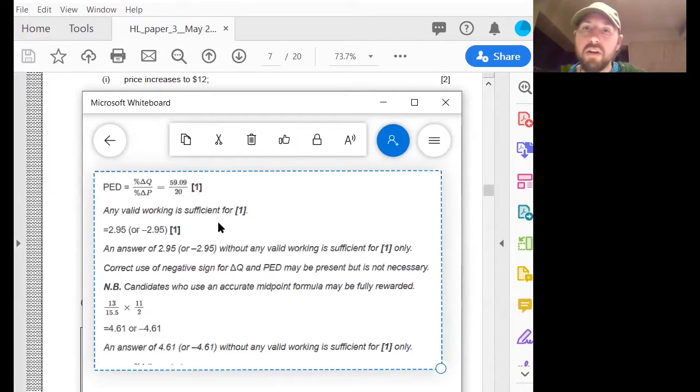Any valid work, you get a point for it, and you get a point for getting the equation. Notice it's going to be elastic. The number has to be bigger than 1, or you guarantee you didn't do it right. Remember P's, Q's, which one comes first, which one the bottom. Q before you P. Notice here to get 2 points, you get a point for getting the answer, and you get a point for showing the working.